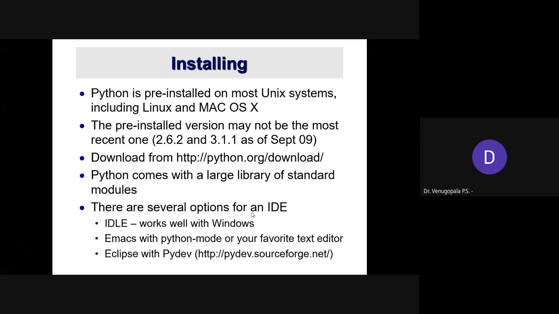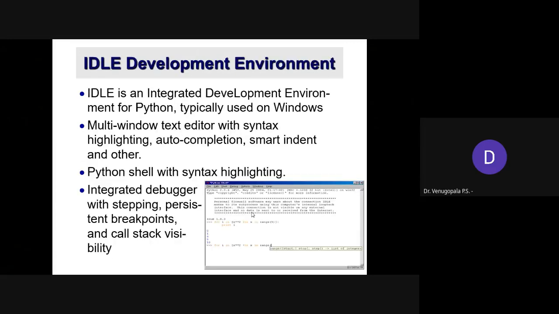After learning a little basics of the Python programming language, there are so many IDEs available, integrated development environments. Eclipse is a well-known IDE for Java, Python, C++, and these programming languages. So we can use the Eclipse IDE for running a Python program on any platform, either Linux or Windows. Python has its own IDE called IDLE. This can also be used.